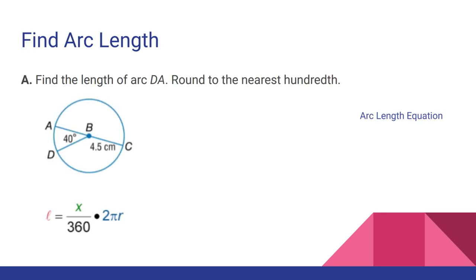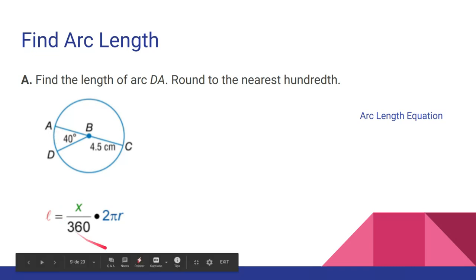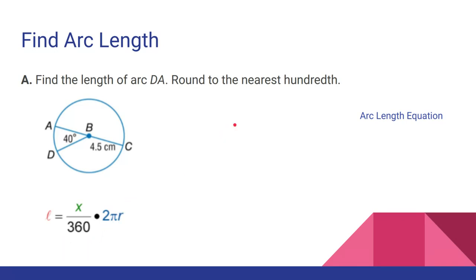So a quick example, we're looking for the length of arc DA, and we're going to round that to the nearest hundredth. We're going to use our equation here to try to solve that. So I went ahead and plugged it into the computer.